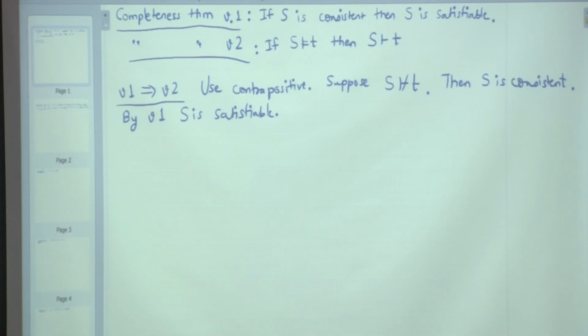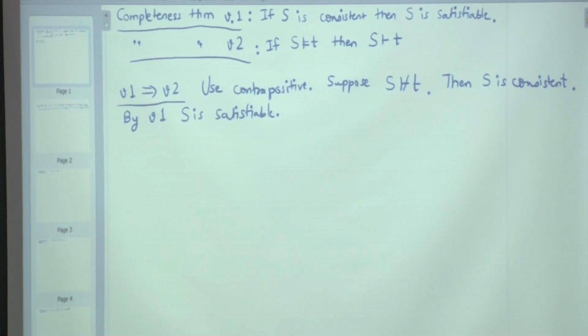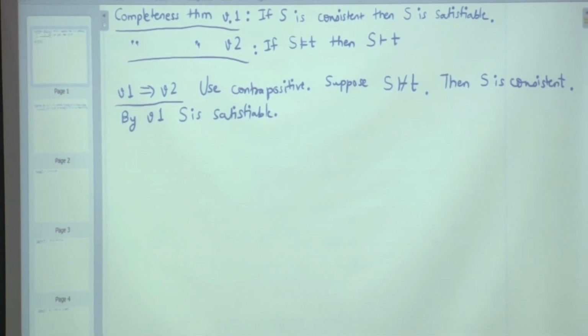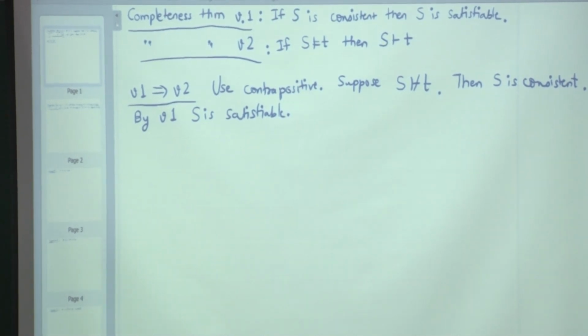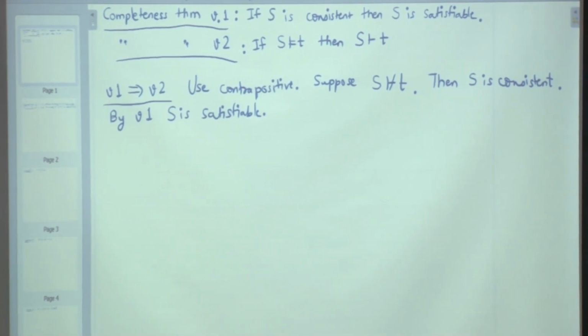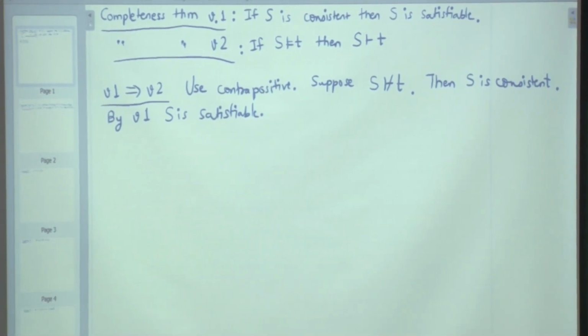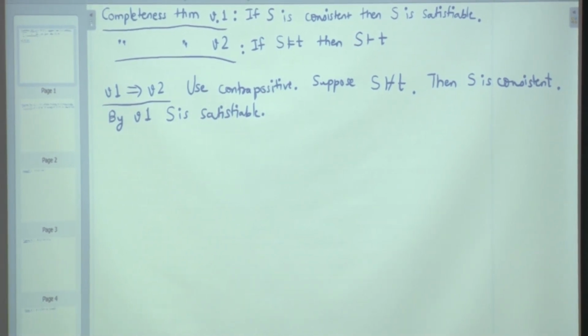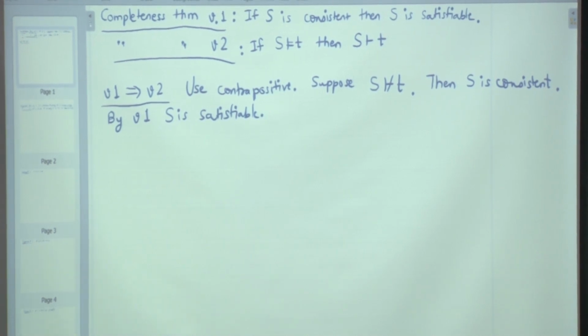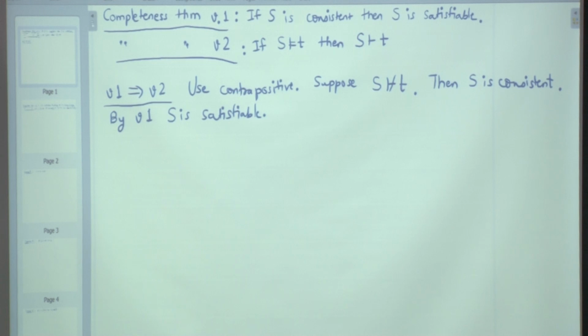S is satisfiable, so there is a valuation V which models S. See, on our way to this line, we lost touch with T. Anything else? I feel like I spoon feed you all the answers. Can you use any lemma?